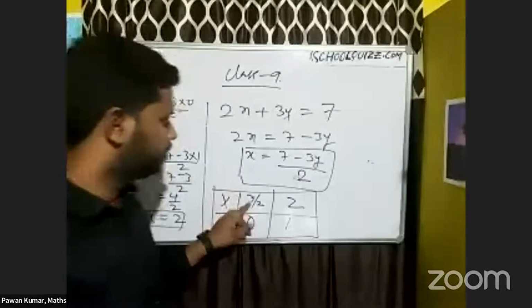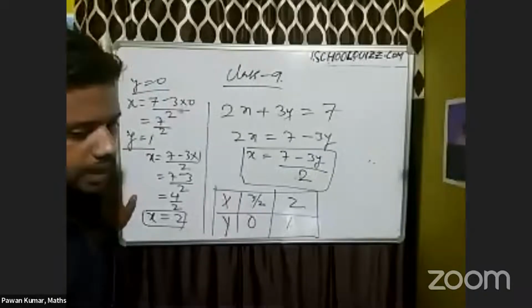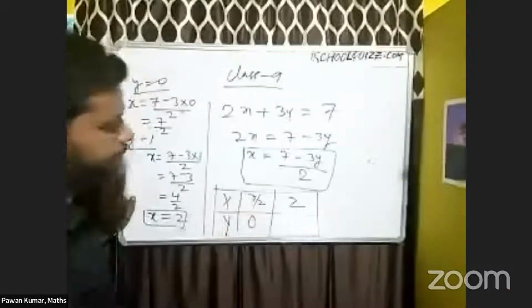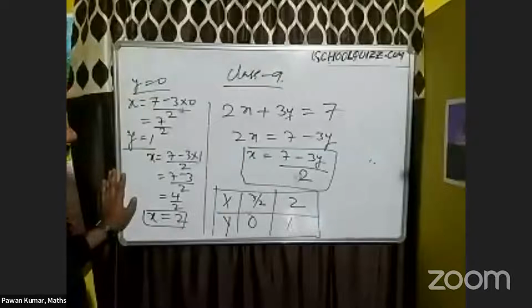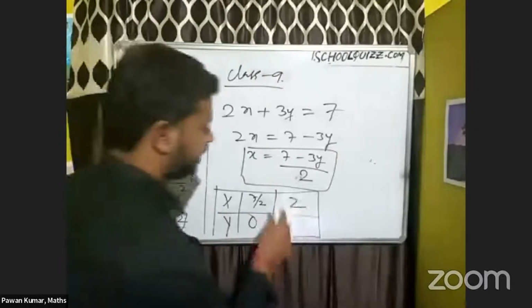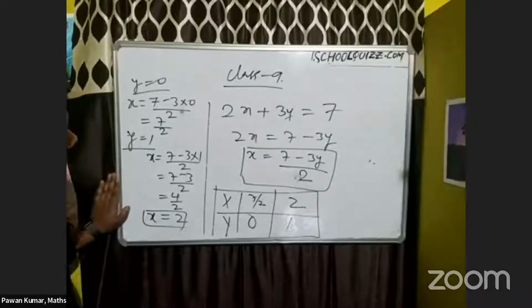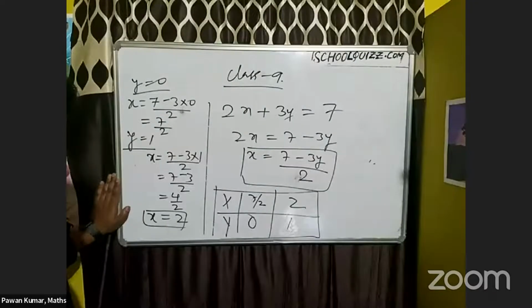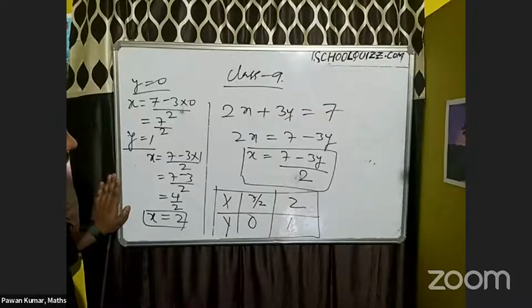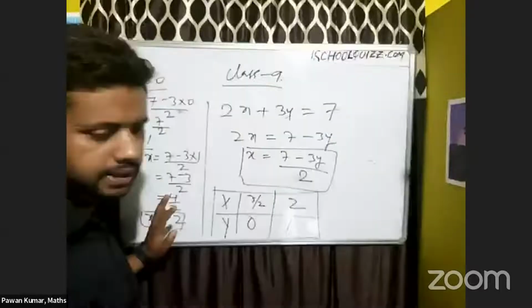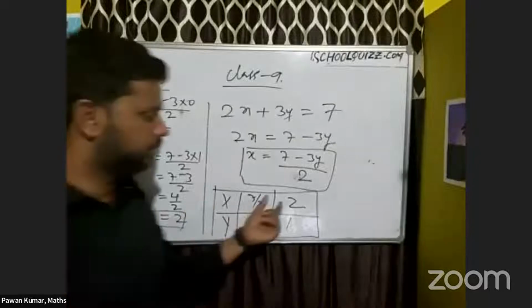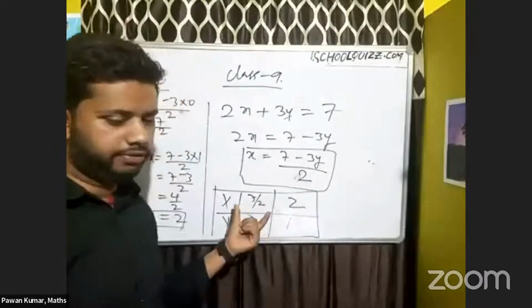Suppose I don't want this 7 by 2 value, and I have to plot it in the graph. Which one is easy to plot, an integer or 7 by 2? Obviously an integer, correct? The integer will be easier as compared to the fractional value.